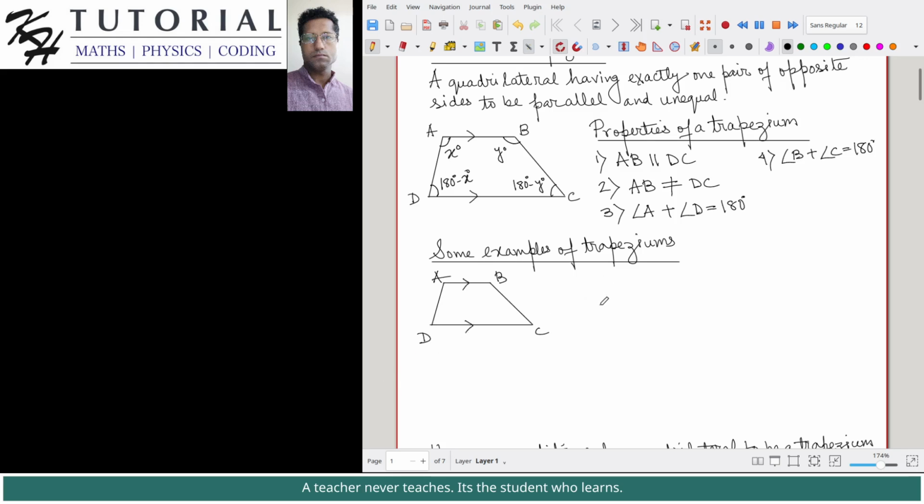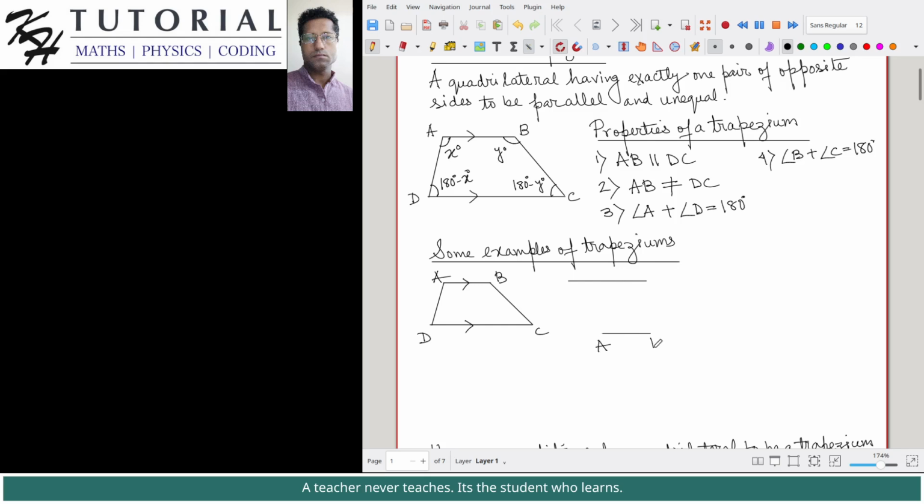Okay, let's see some more trapeziums. Let's say first we draw the two opposite parallel sides, but they are of unequal length. So let's say this is AB, and this is CD.